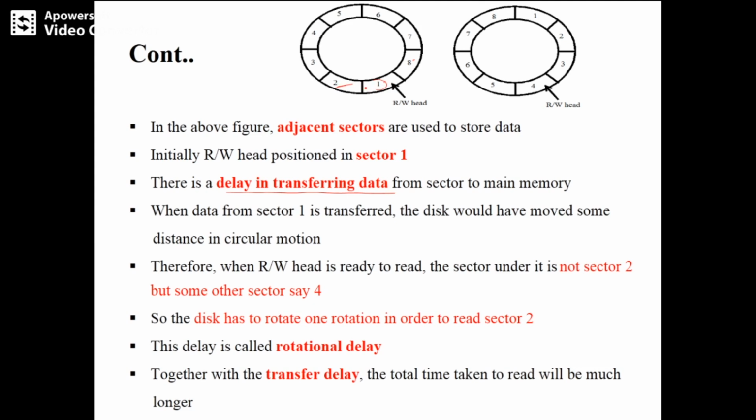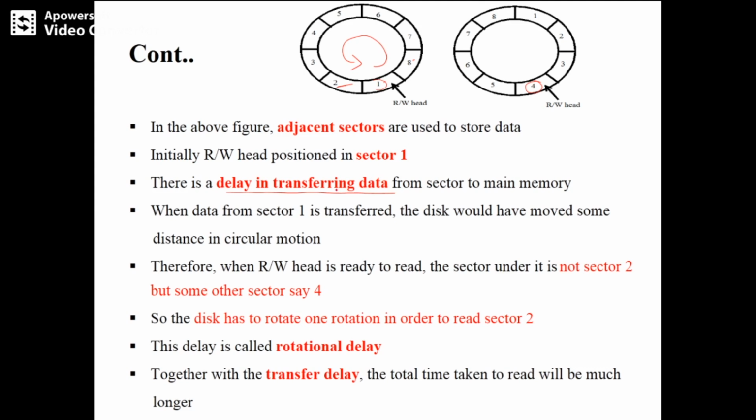While the data from sector 1 is being transferred to the main memory, the disk will not wait. It will go on rotating, and it might be moving to some other sector, say sector 4, by the time all the data has been transferred.